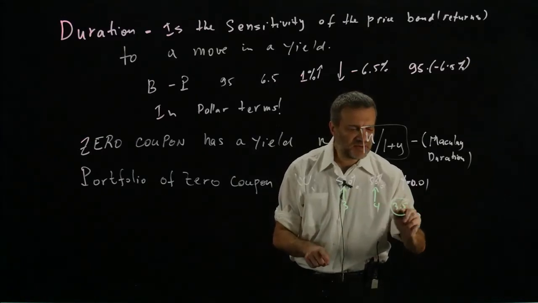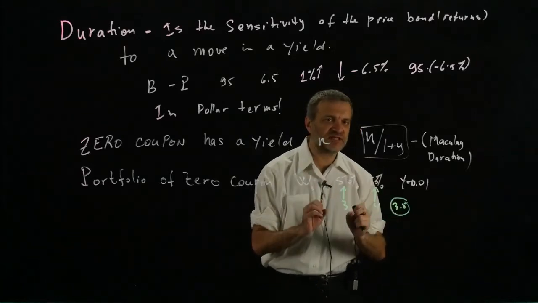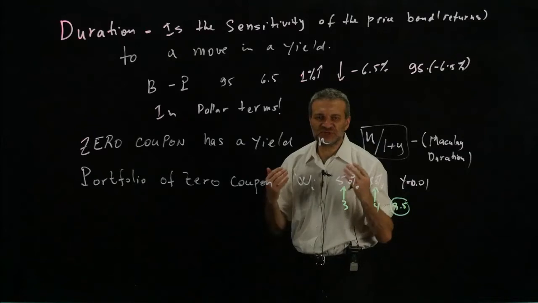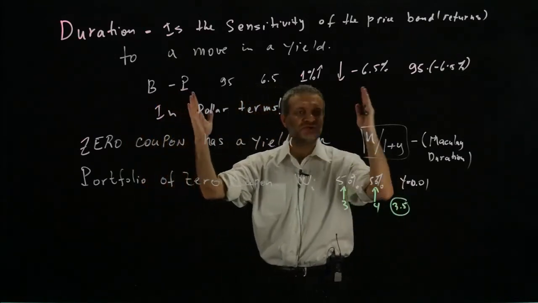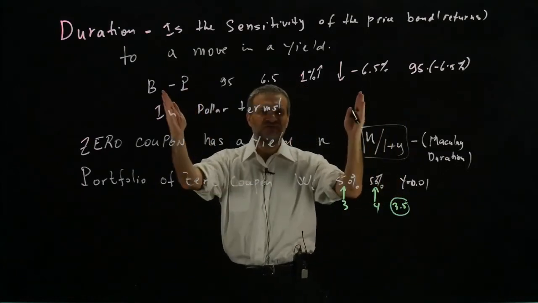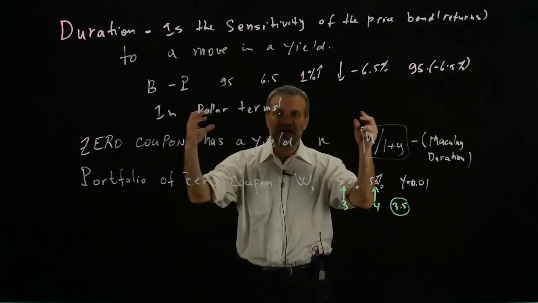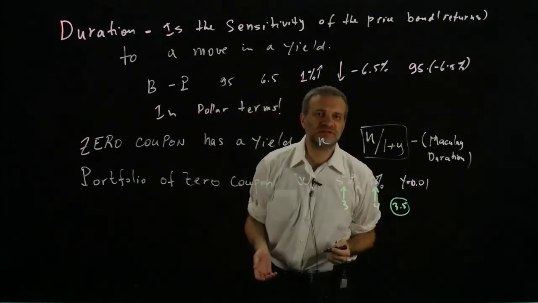And you can think about this 3.5 exactly as the average maturity of this portfolio. You have a bond which matures at 3 years and a bond that matures at 4 years, 50-50, so the average maturity is in the middle, 3.5.